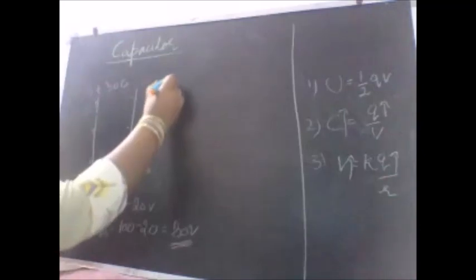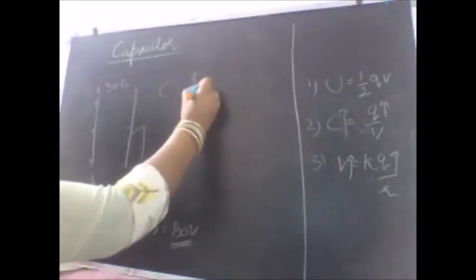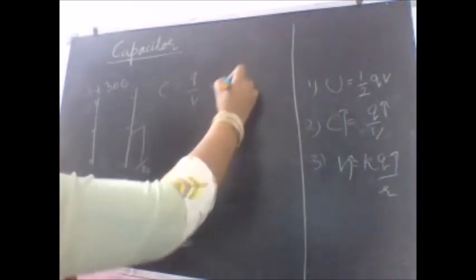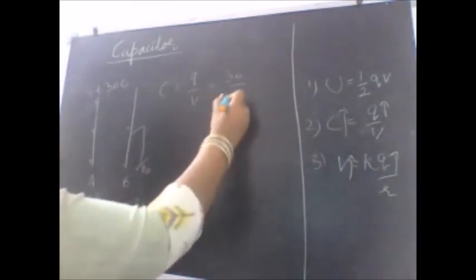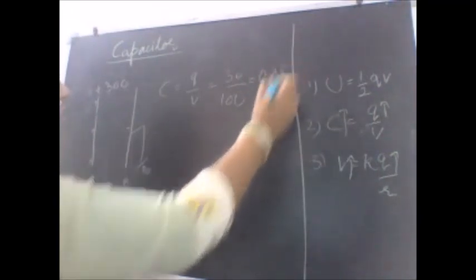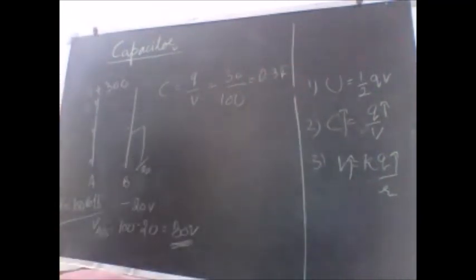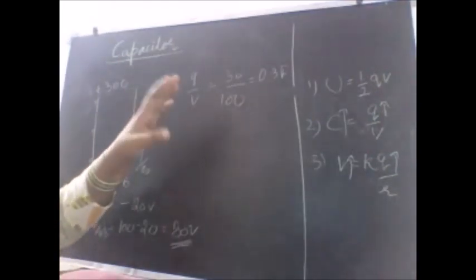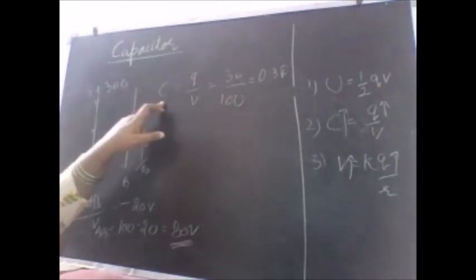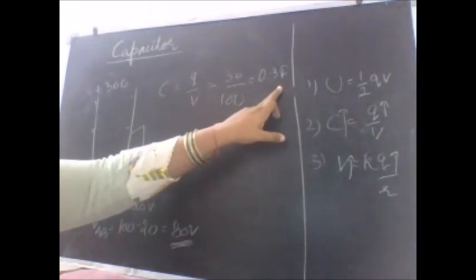The capacitance is C is equal to Q by V, the charge is 30 and the potential is 100 volt, and the value comes out to be 0.3 farad. Just compare the values. In the case of a single plate it was 0.1, in the case of a double plate it was 0.2, and in the case of a double plate with the outside grounded, the capacitance has further increased.